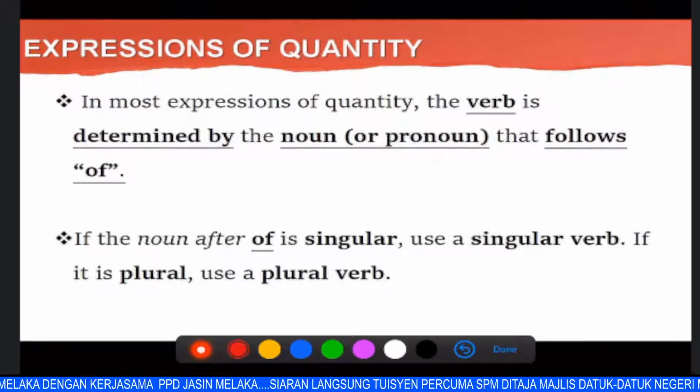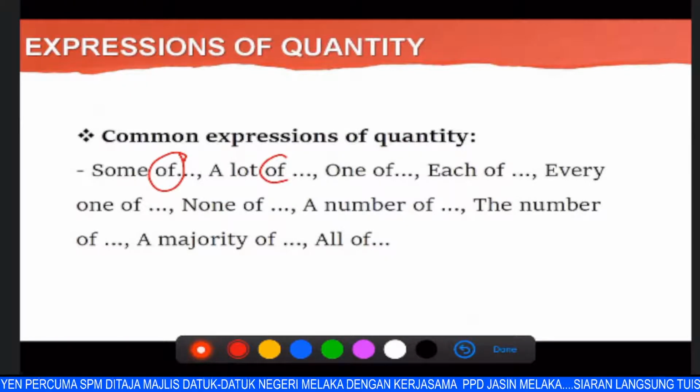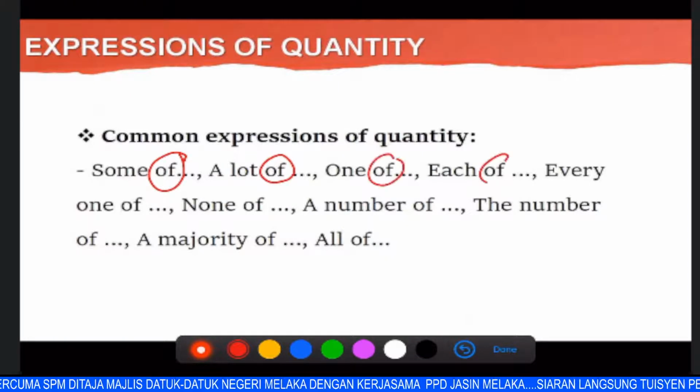Here are some common expressions of quantity that we always use in our writing or in our language. We have some of, a lot of, one of, each of, every one of. If you notice, each one of them ends with of.